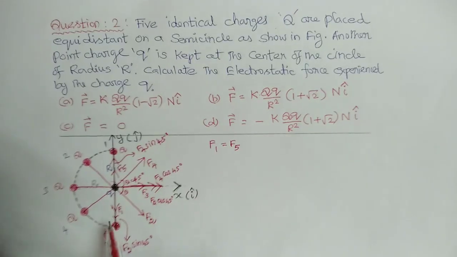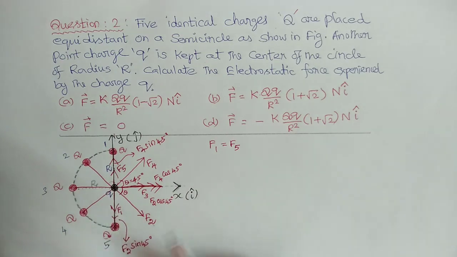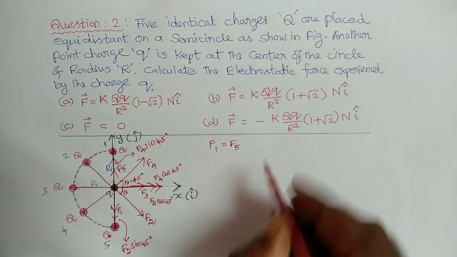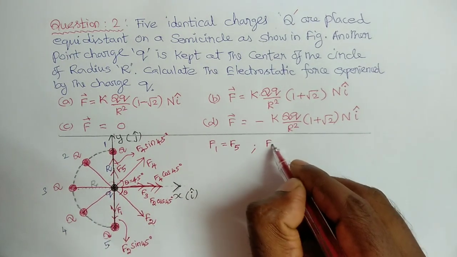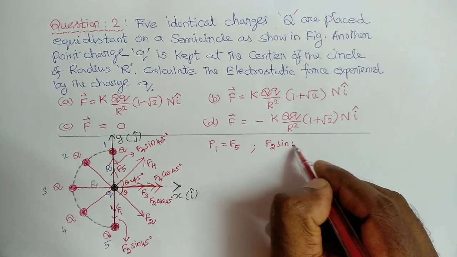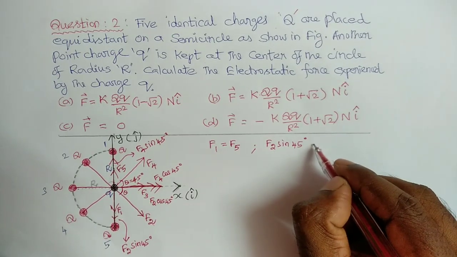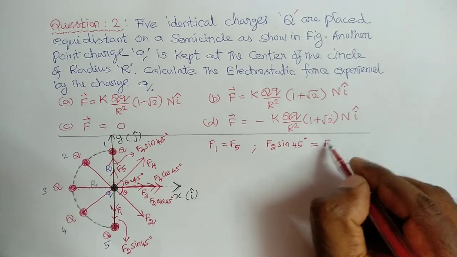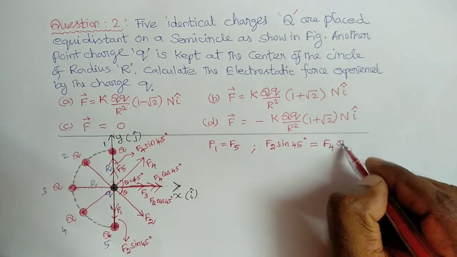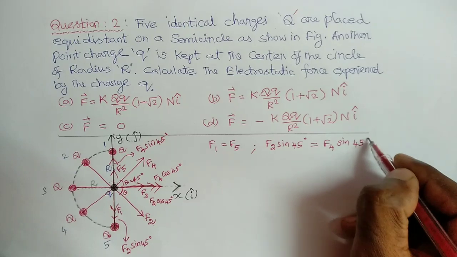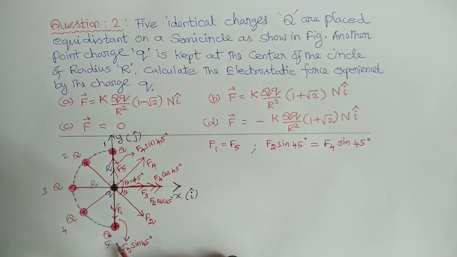So let us understand this problem that F1 and F5 both are equal and opposite directions. So this is F1, this is F5. Okay, at the same time F2 sin 45 degree, which is equal to F4 sin 45 degree.